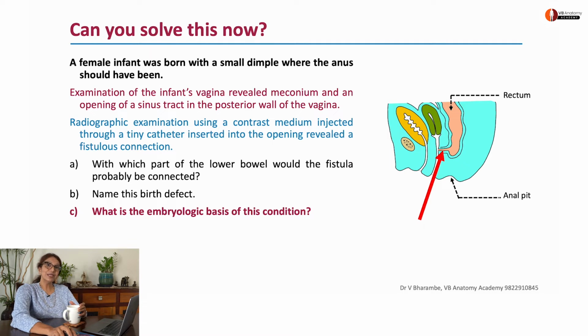So now let's come to the same question with which we started this discussion. What is the embryological basis for this condition, which is the recto-vaginal fistula? The possible embryological understanding is lack of development of the urorectal septum, specifically the lateral elements, because of which the cloacal duct portion has persisted, and therefore the rectum remains in communication with the developing vagina.